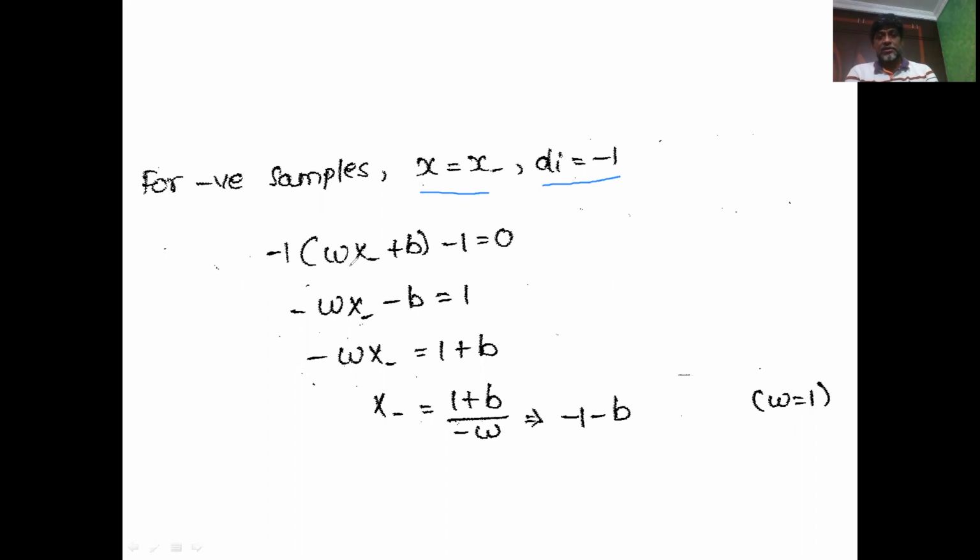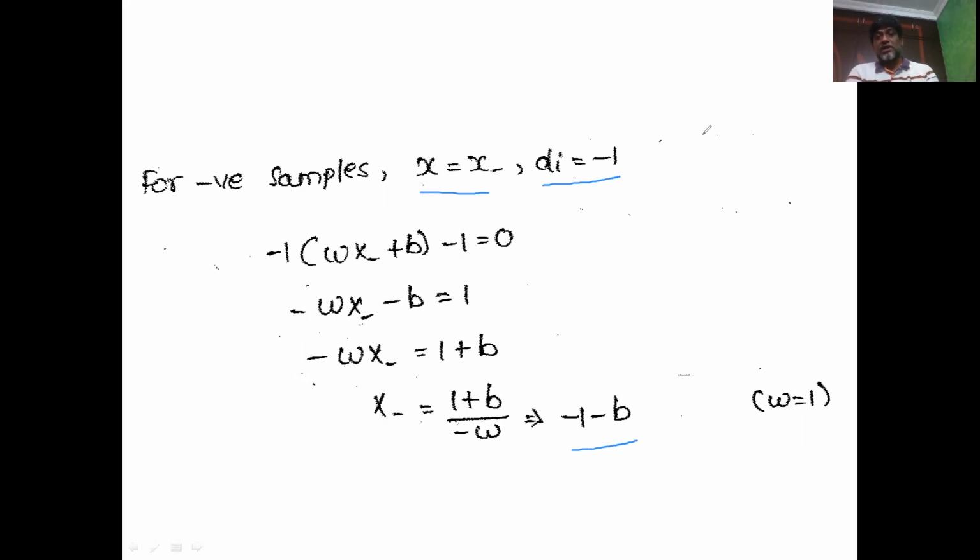We'll get minus 1 into wx minus plus b minus 1 is equal to 0. This will give us x minus is equal to 1 plus b minus w. So w is going to be 1, and you can substitute it here. So it's going to be minus 1 minus b.